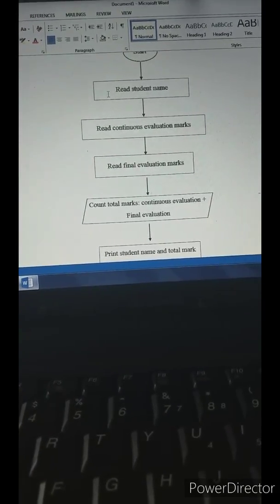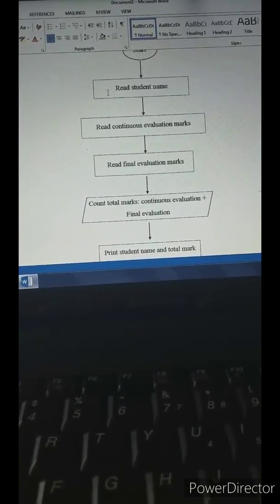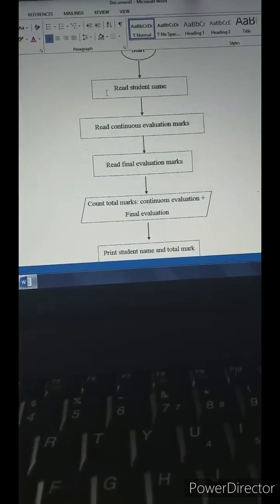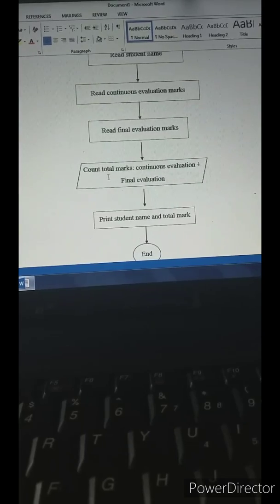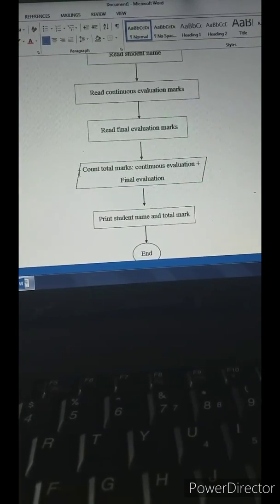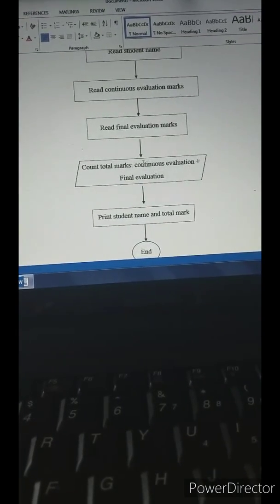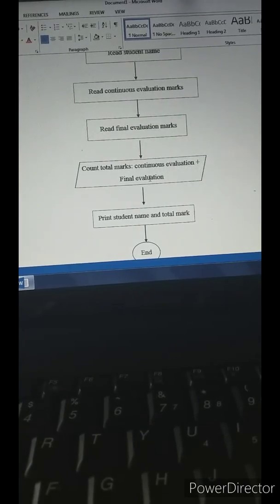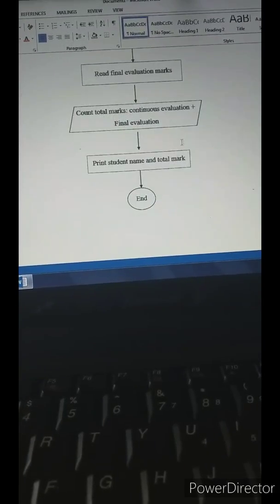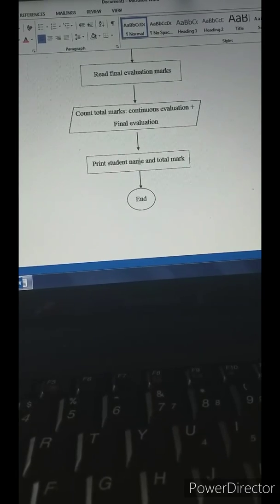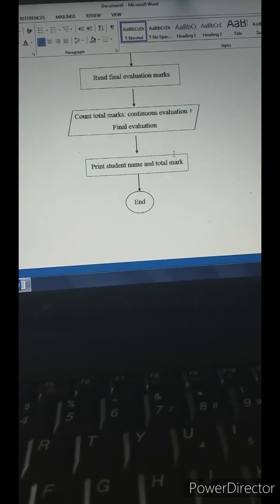The program must read the student name, the continuous evaluation mark and the final evaluation mark, and then the process will be to compute the total marks: continuous evaluation plus the final evaluation. Then we print the student's name and the total mark.